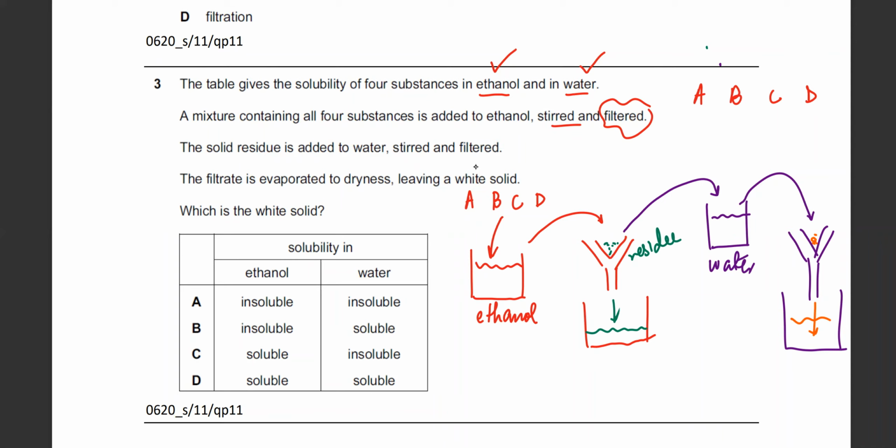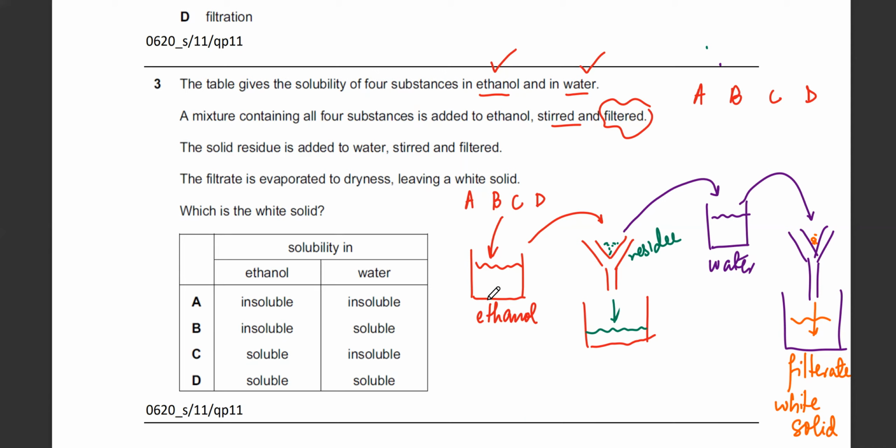So this is the filtrate. And he's saying the filtrate is dried, so it leaves a white solid. And he's asking which is the white solid. So remember, repeating everything: he mixes A, B, C, D, four substances, into ethanol.